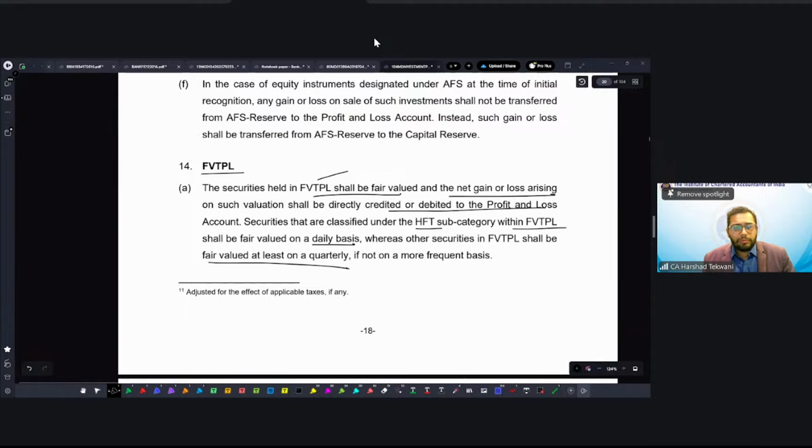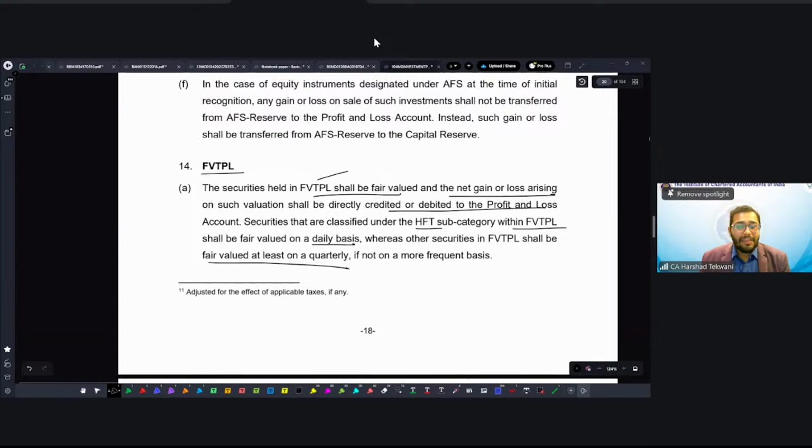When the management's decision changes from held to maturity to available for sale, the valuation will also change. Yes, absolutely correct. First of all, you cannot change the classification on a discretionary basis unless there is an approval from the board of directors.